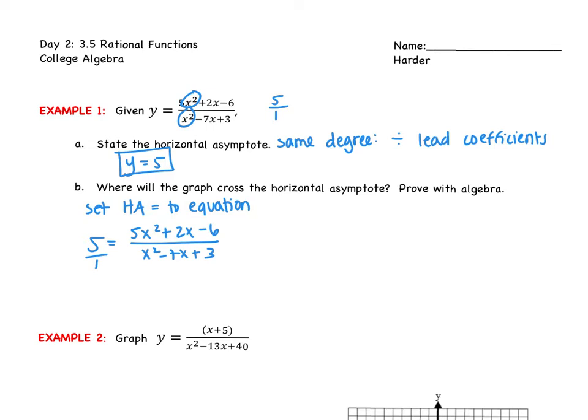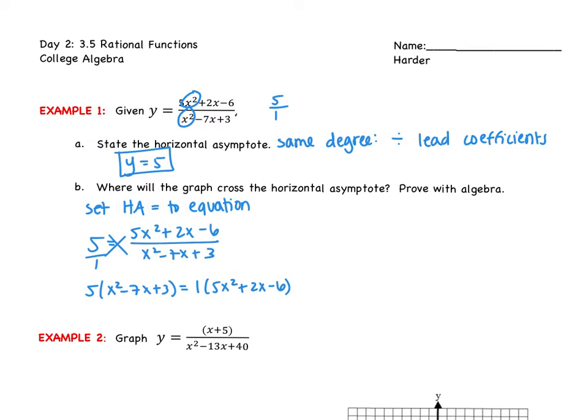The reason I do that is so that I can cross multiply. I will then end up with 5 times x squared minus 7x plus 3. And that'll be equal to 1 times 5x squared plus 2x minus 6. This is what we need to solve.